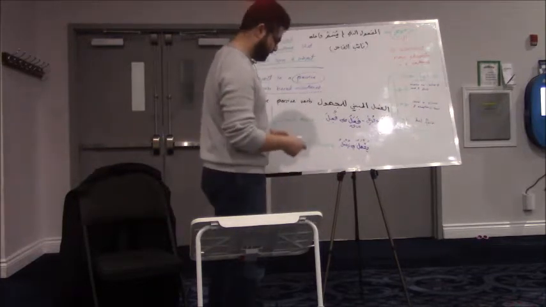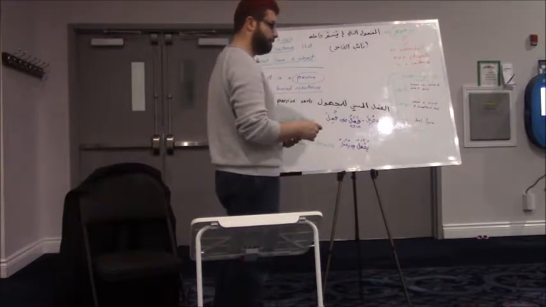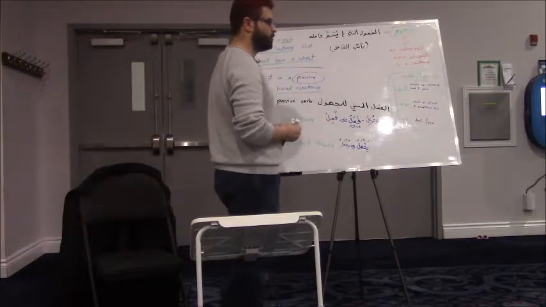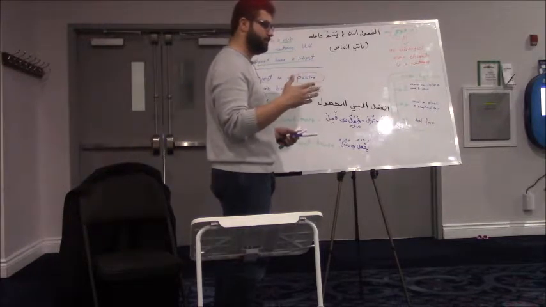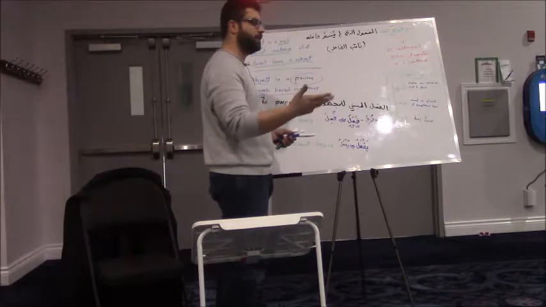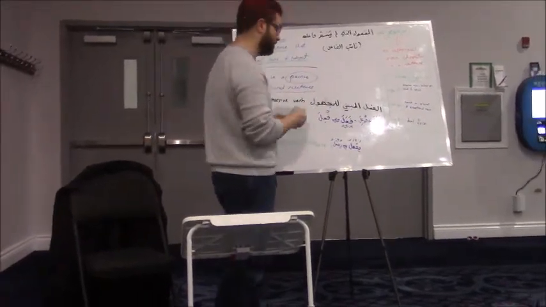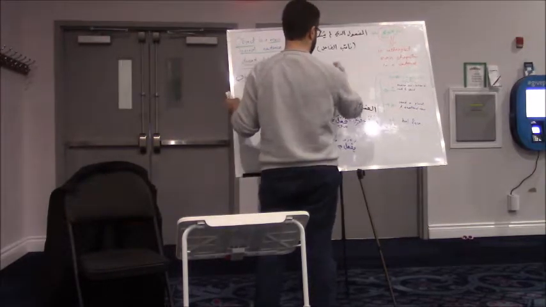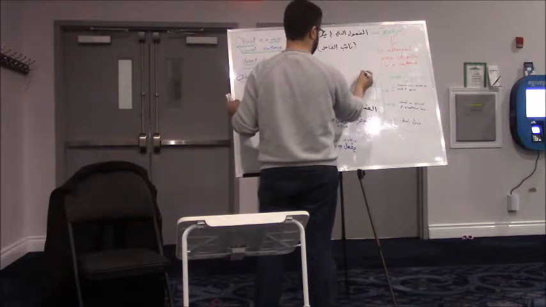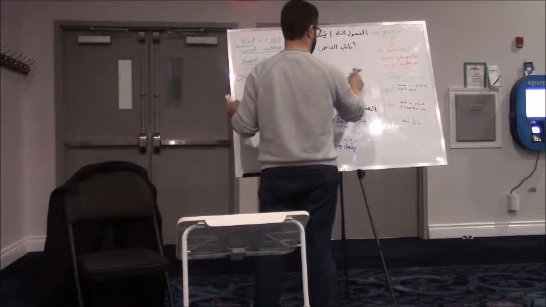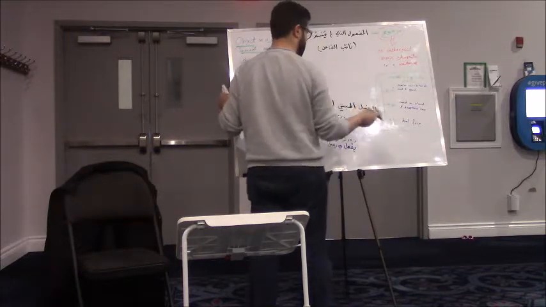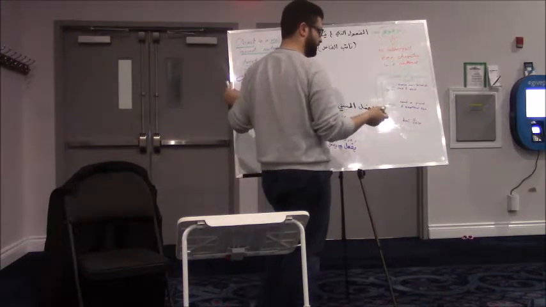So let's give examples of words. I don't think it's used ever, but this is just for the purpose of ishtiqaq, of deriving. So it doesn't have to have a meaning. It's just so that you understand how to derive it. That's all. So let's say, think of, I don't want to use the same words every time.